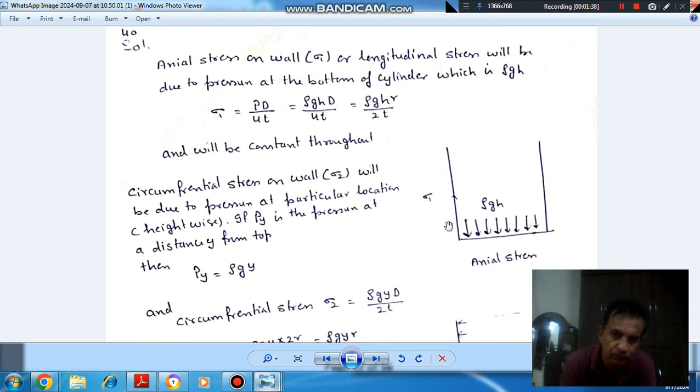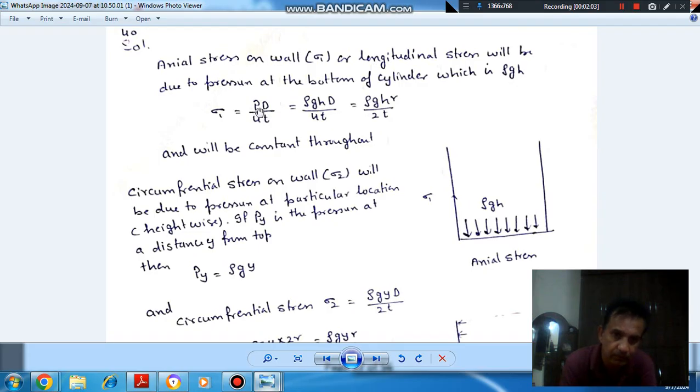Axial stress will be constant and it will be along the axis of the cylindrical vessel, or along the length of the cylindrical vessel. That is due to the pressure at the bottom. The pressure at the bottom is rho gh. So pressure is rho gh and diameter is D, and sigma 1 is PD by 4t.